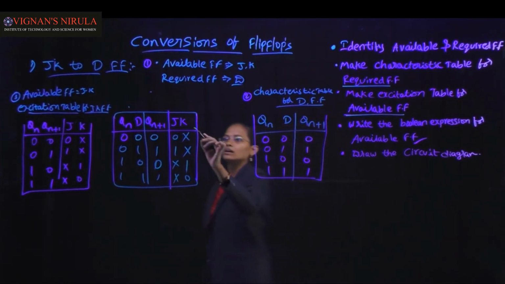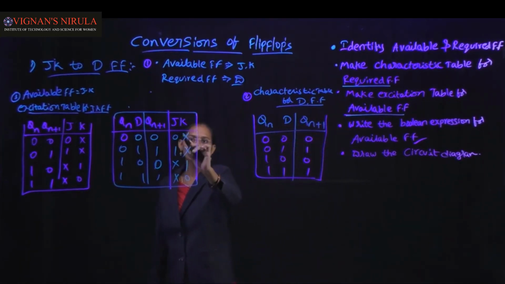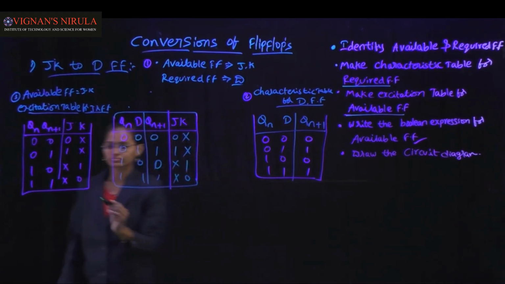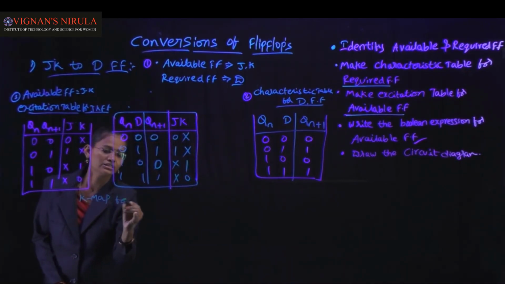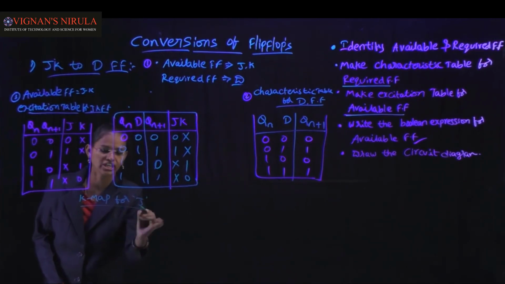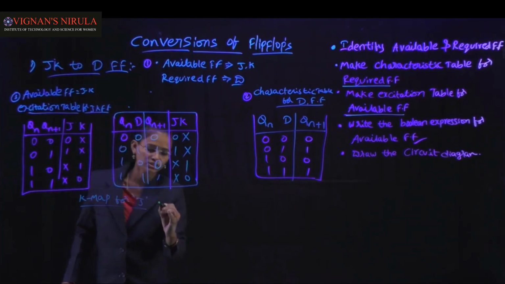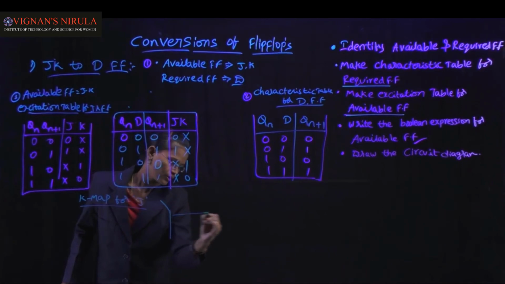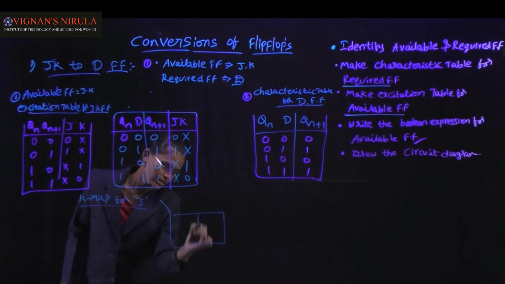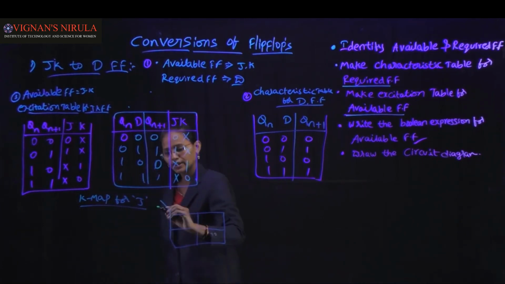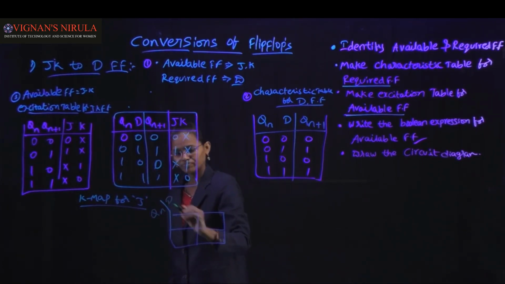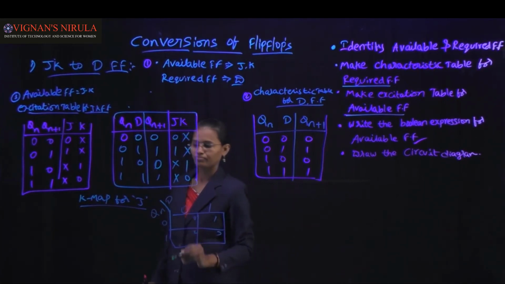Here you draw the K map for J and K. K map, first write only J. In J, two inputs, draw the 4 cells K map structure. Here inputs are Qn, D. This is 0, 1, 0, 1, 0, 1, 2, 3.